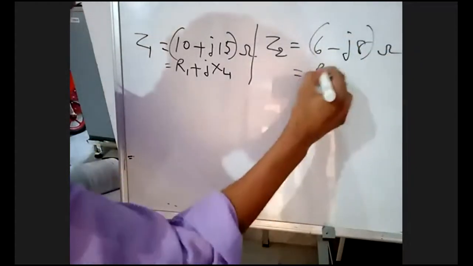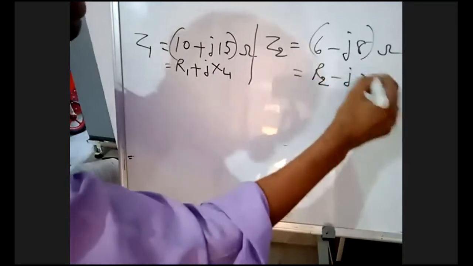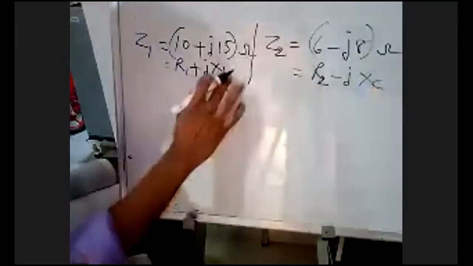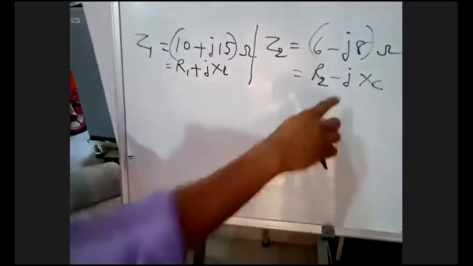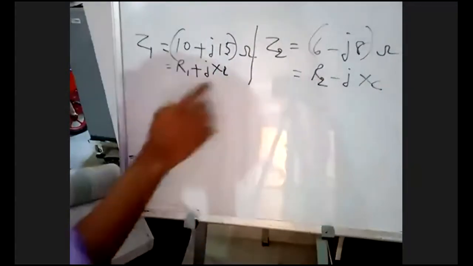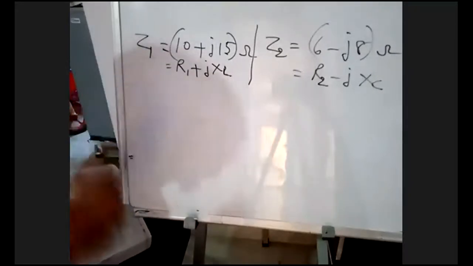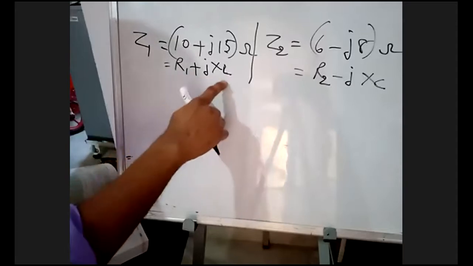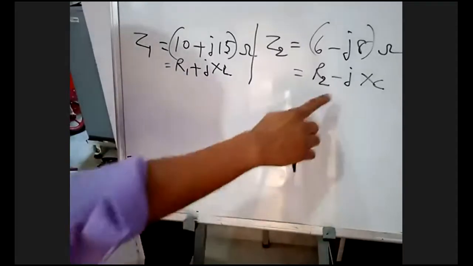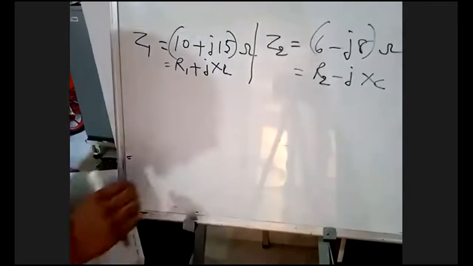That is R2 minus JXC, because minus is there. If minus is there, it is XC. If plus is there for J, it is XL. If minus is there, it will be XC.